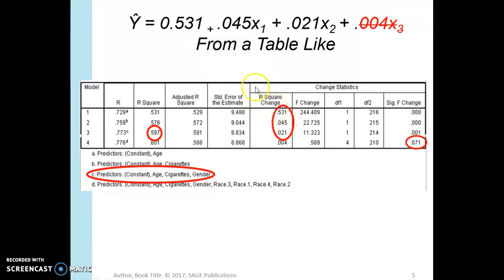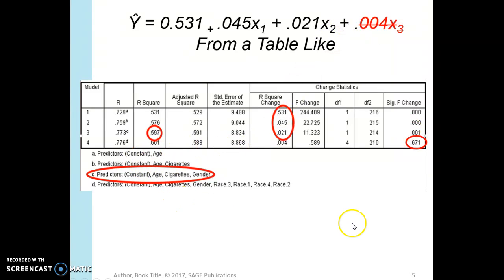That first one that lines up there is going to be the y-intercept. Then your next variables are going to be the coefficients of the predictor variables. And look what happened over here to 0.004. Its probability, the significance, was greater than 0.05. So I didn't notice that at first, and I put that equation together.